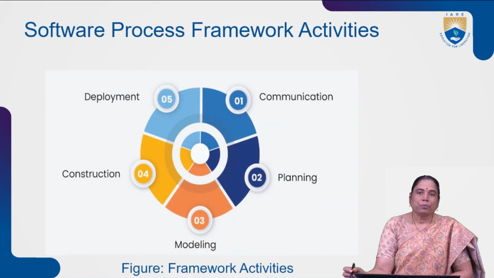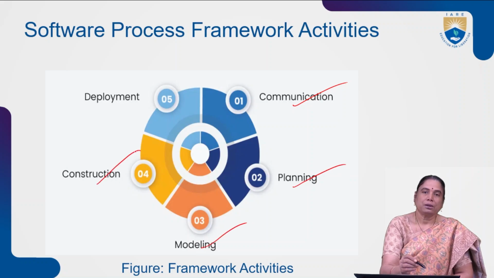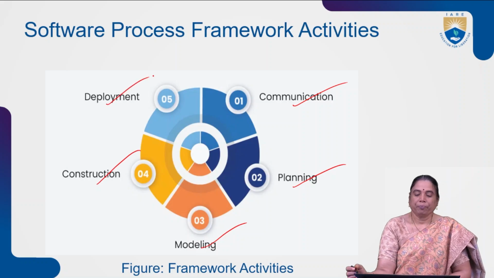So the major process framework activities are five activities. The first one is communication, second one planning, third one modeling, next construction, and last one deployment.